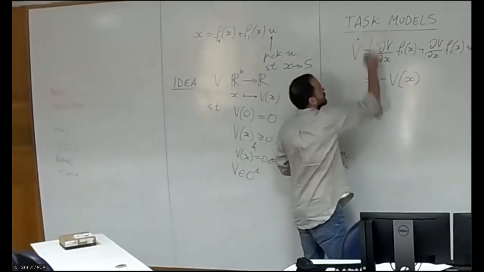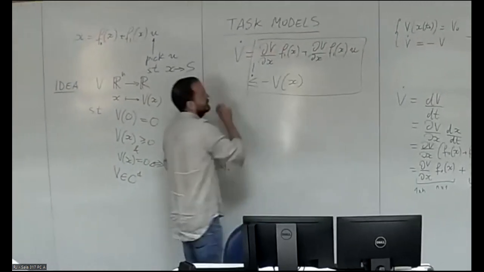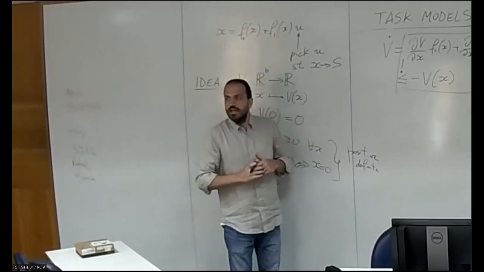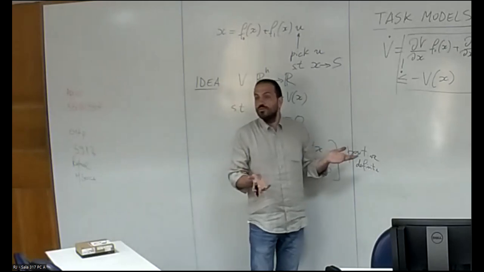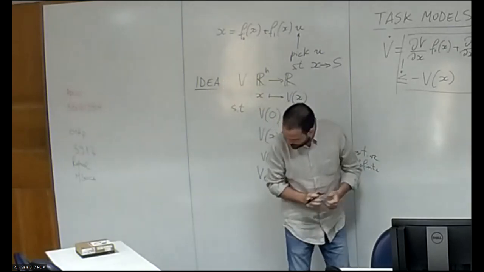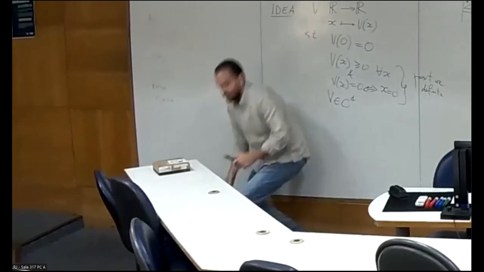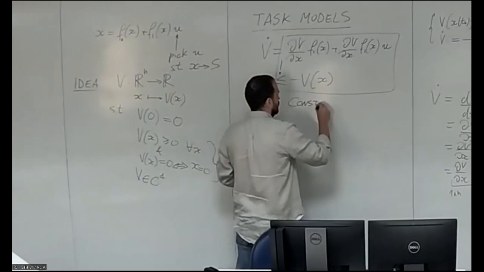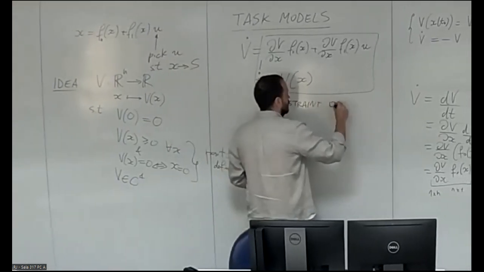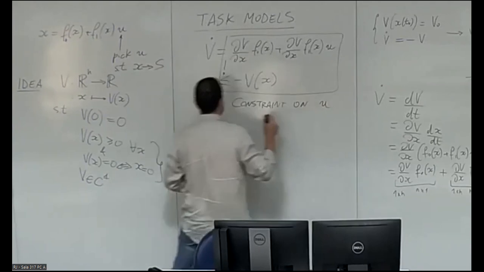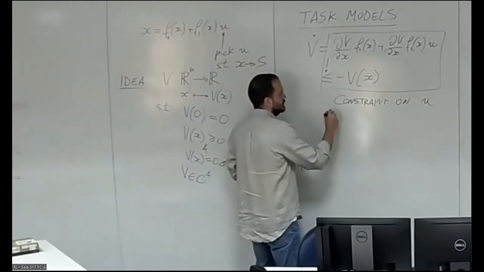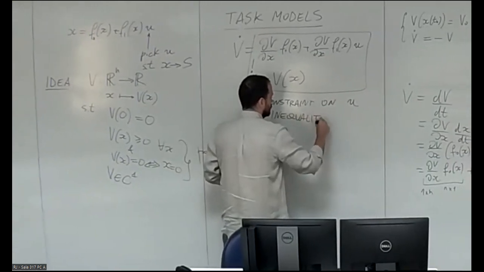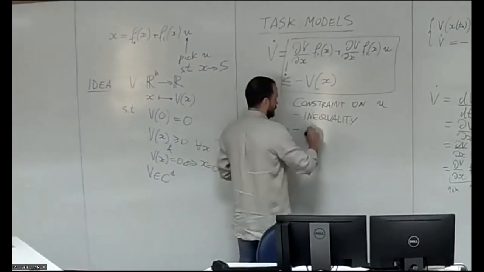So what is this? It's a constraint on u. In particular, this constraint is, well, a positive constraint, and is affine in u.